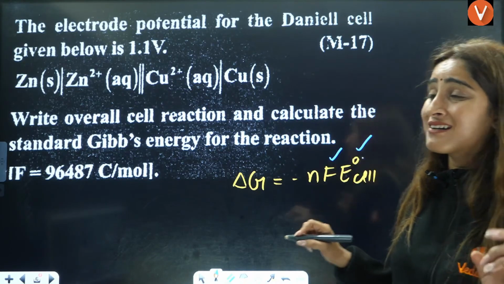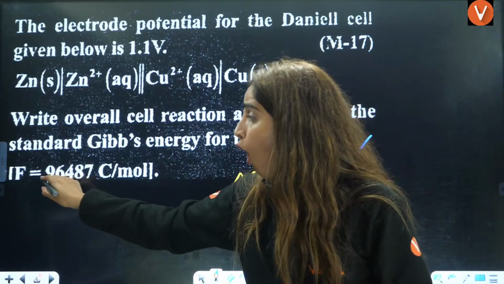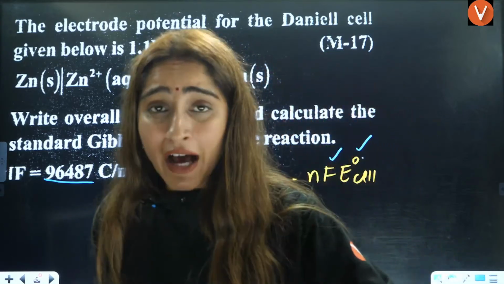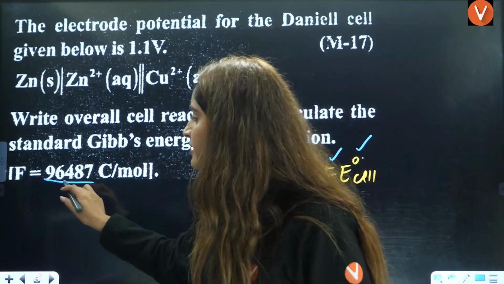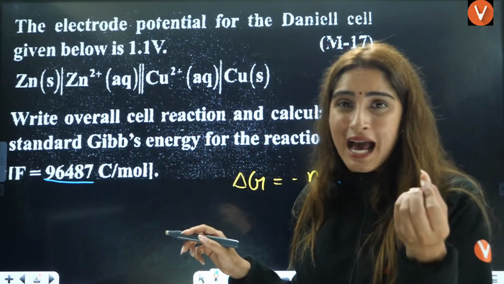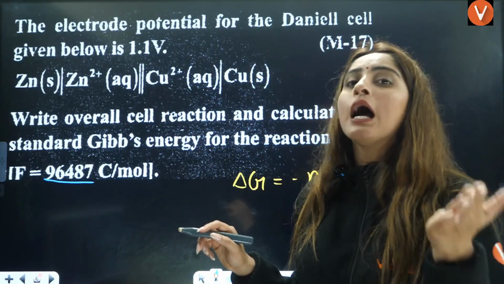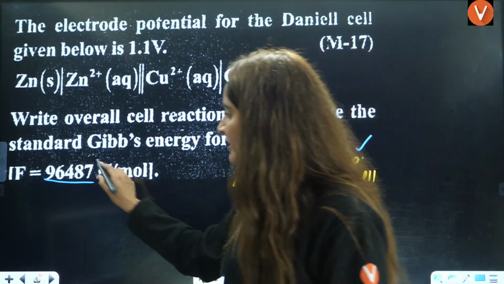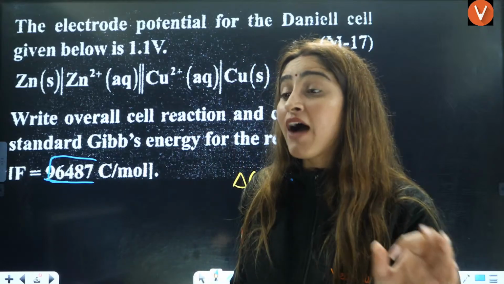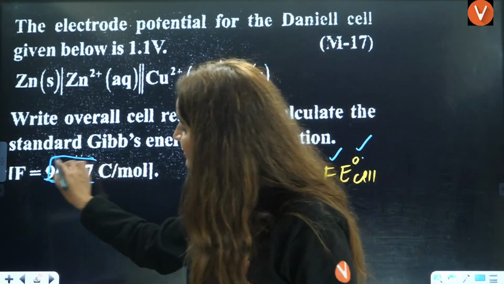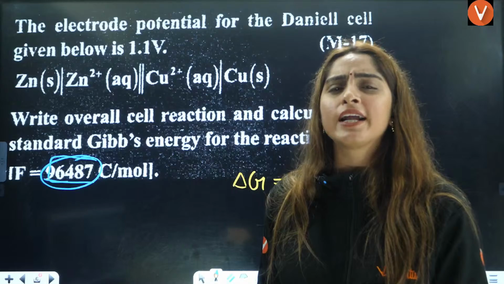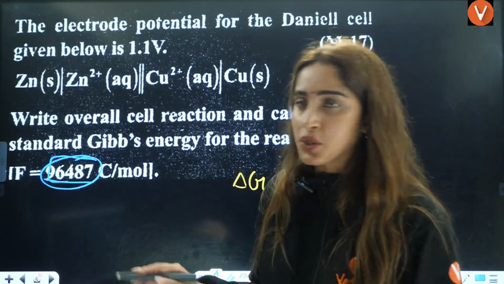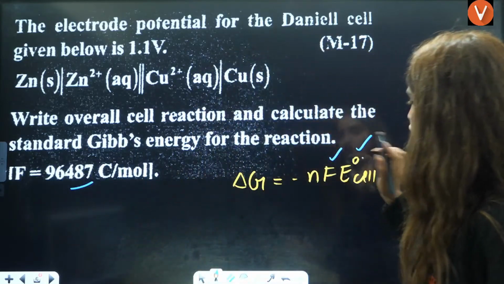Faraday is nothing but 96500, or a precise value may be given to you. When some value is given in the question, you have to take that value only. If they don't give the Faraday value, then you will write it as 96500, right? So this is also given to you.